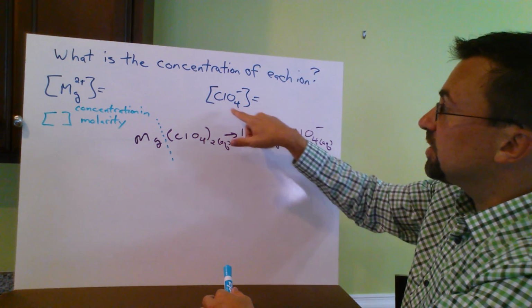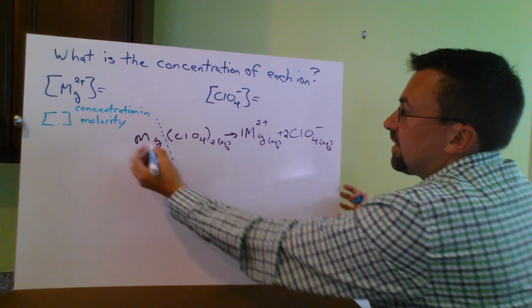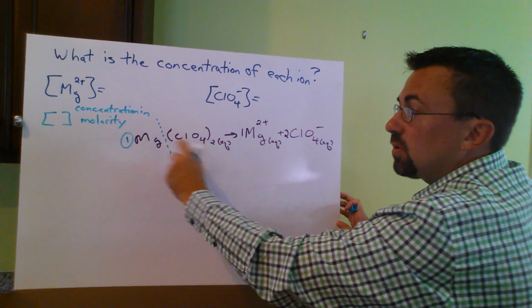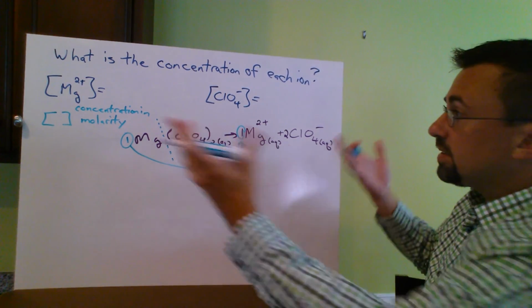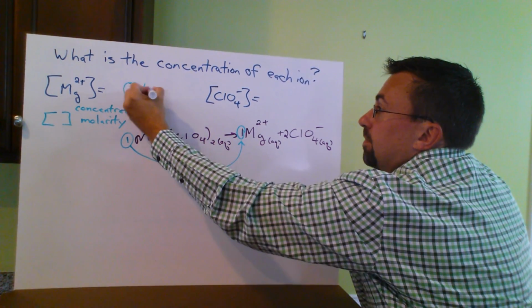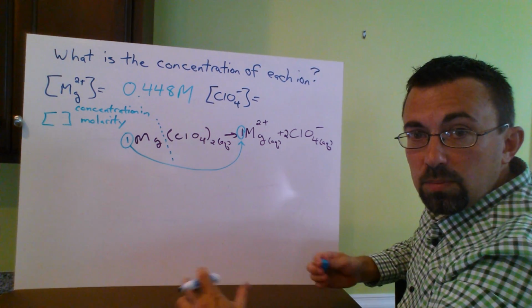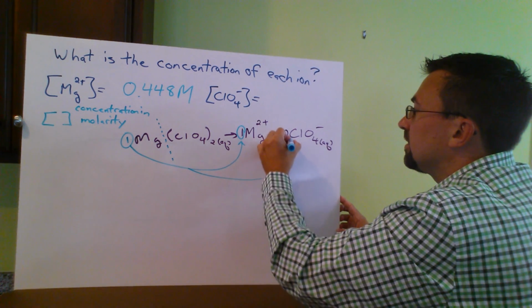So this would be the concentration of perchlorate, concentration of magnesium. So if we look at this, every 1 magnesium perchlorate salt also gives me 1 magnesium ion. So this is easy. This is still the same number, 0.448 molarity. If we look at perchlorate, though, this is going to be something entirely different.